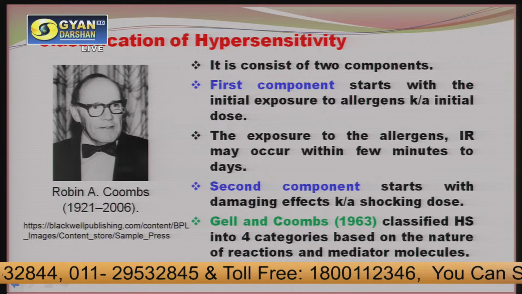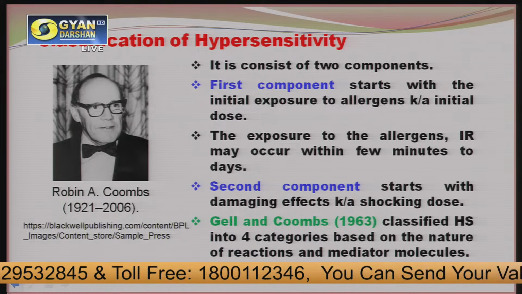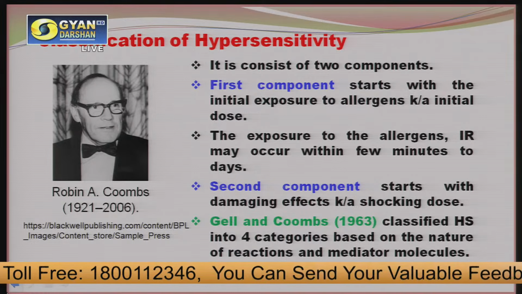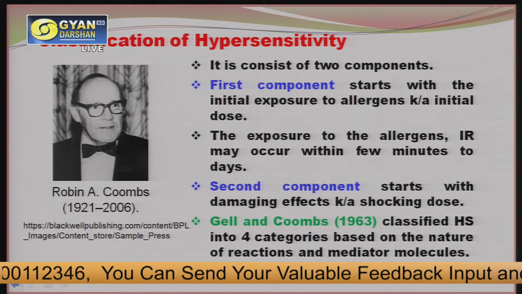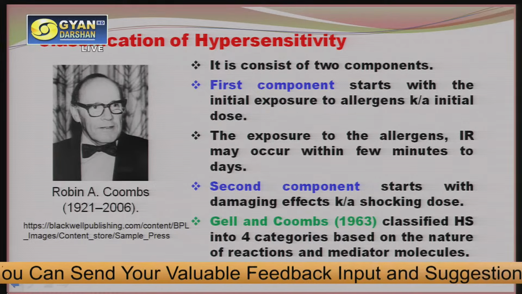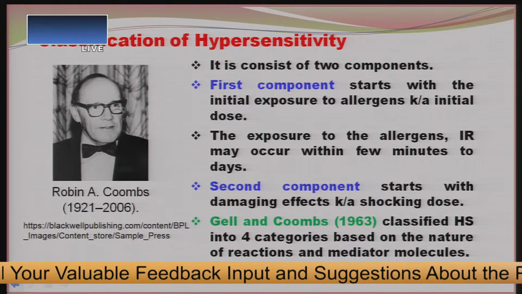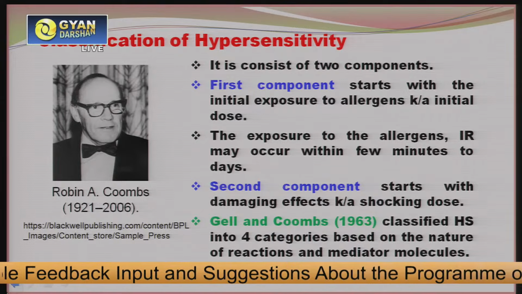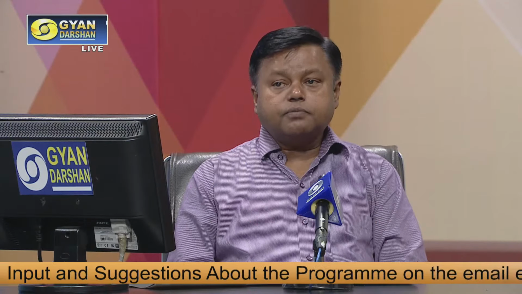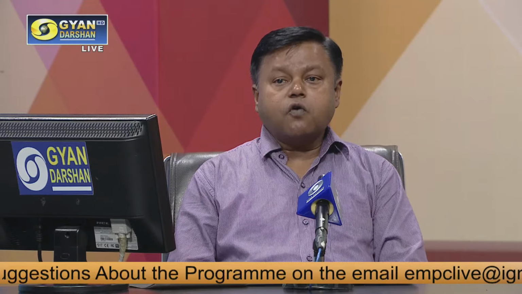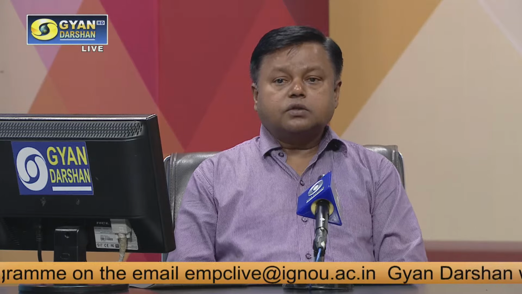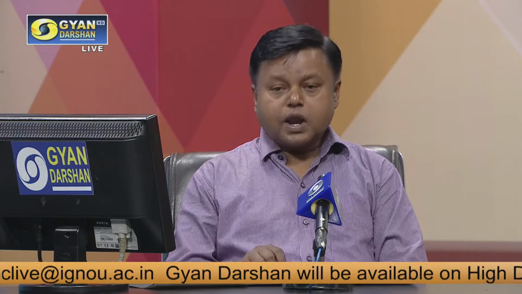In 1963, Gell and Coombs classified hypersensitivity into four categories based on the nature of the reaction, what type of reaction is involved behind this, and the mediator molecules involved in the hypersensitivity.